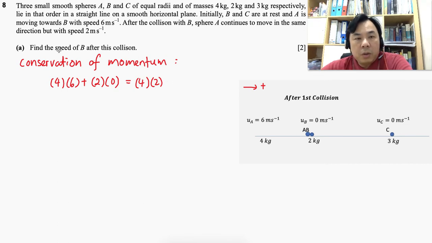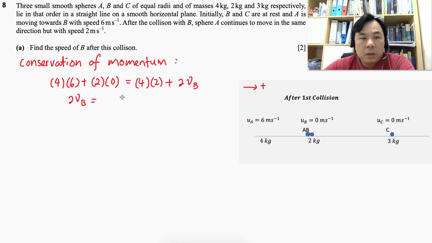And we are interested to find out how fast B is after the collision. So I'm going to write down B. What will be the speed of B here? That is a pretty direct calculation. You can see that there's 24, 24 minus 8 is 16, divided by 2 kg for B. Therefore, the speed of B after the collision must be 8 meters per second.